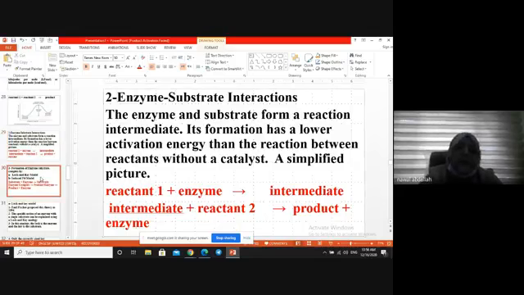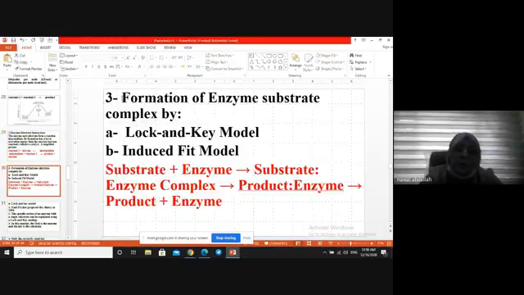The third step, or third type of mechanism, is formation of the enzyme substrate complex.